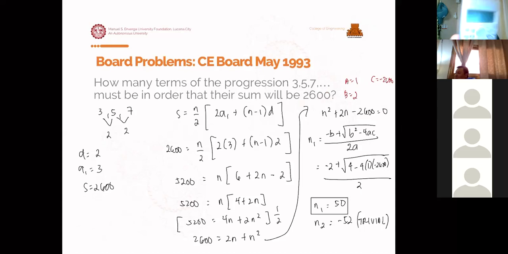Lalabas na yung x1 is equal to 50 and x2 is equal to negative 52. Sa A ko lang, sir, ilalagay.